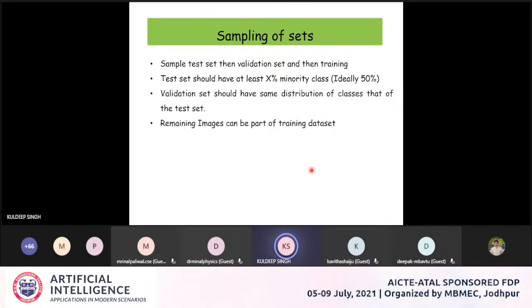But if we have a lesser number of minority class images, we have those solutions which we discussed earlier, like transfer learning for the data set size challenge. So we can take help of those methodologies to ensure that we have an equal ratio of minority and majority class.